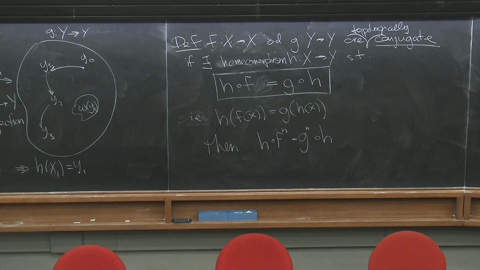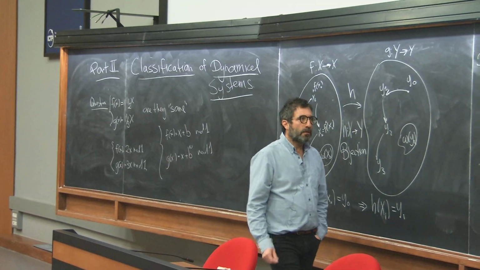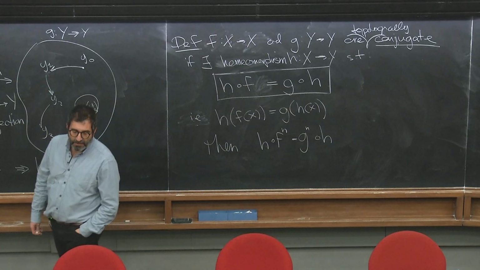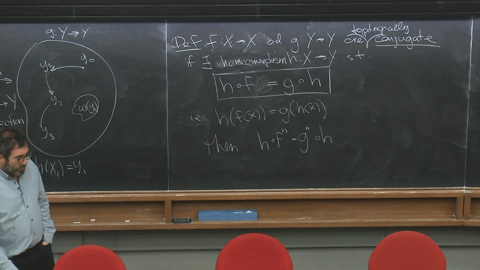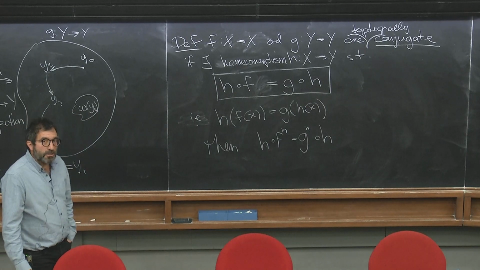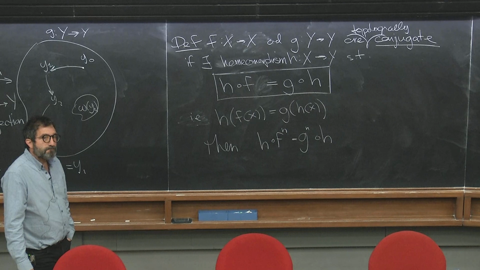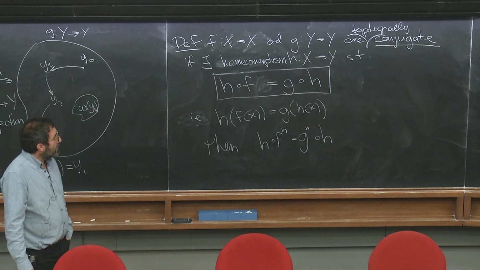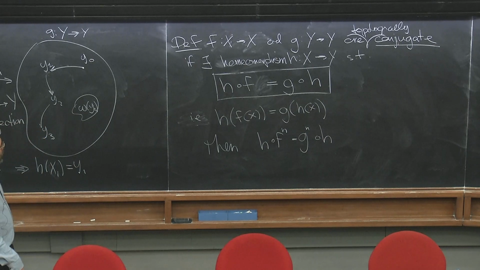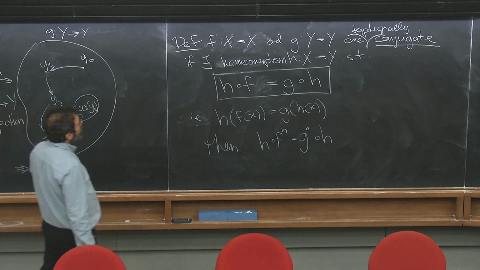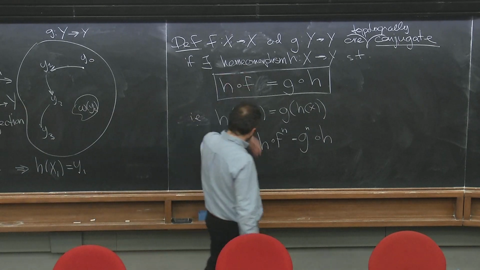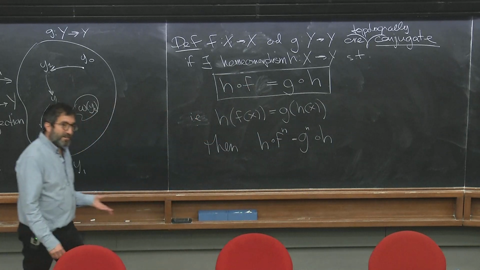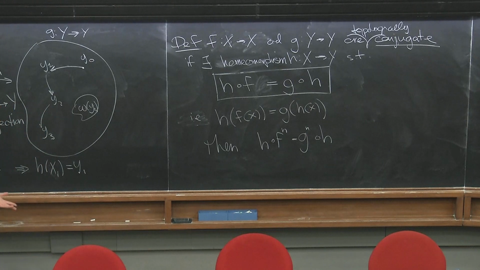Can we go even stronger than homeomorphisms? Can we define an even stronger equivalence relation? Diffeomorphism, that's right. So we could further strengthen this and say, well, that's not good enough for me.